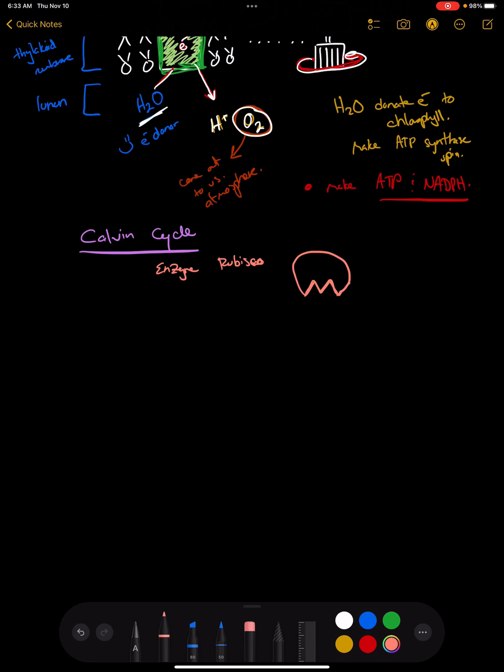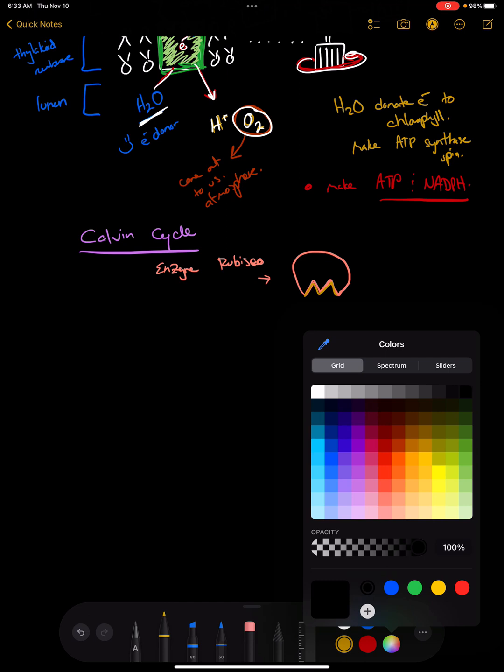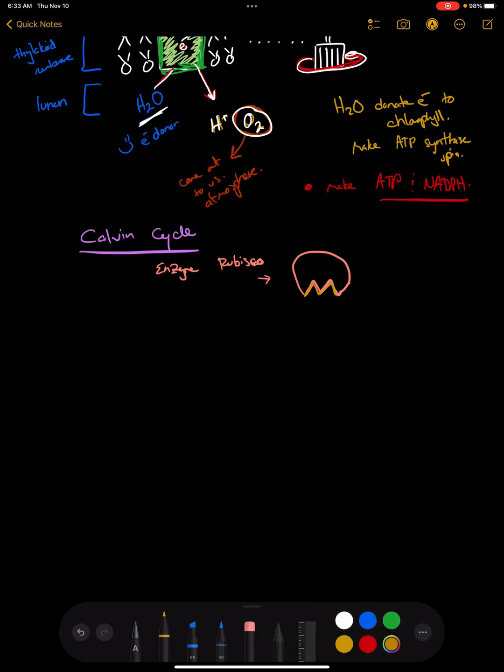And so now I just need to do the next set of reactions, right? You can see this is my enzyme, Rubisco. I have these two active sites, okay? And so then I get to find my substrates, right? So my first substrate is the other part of the equation.